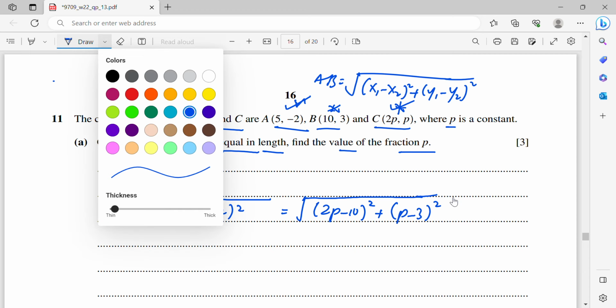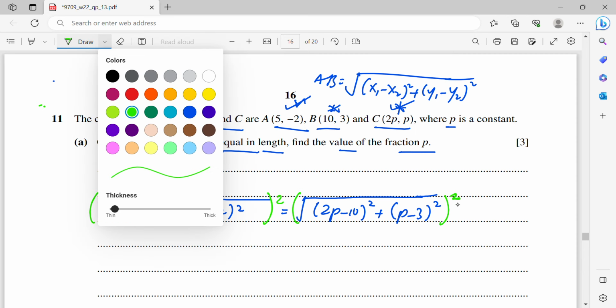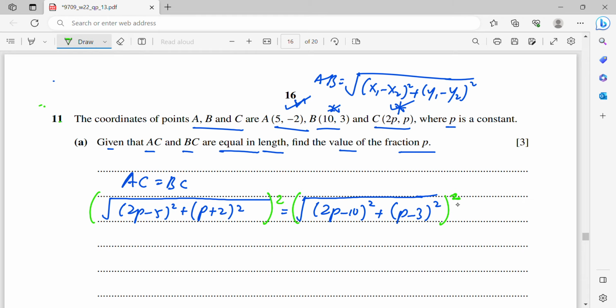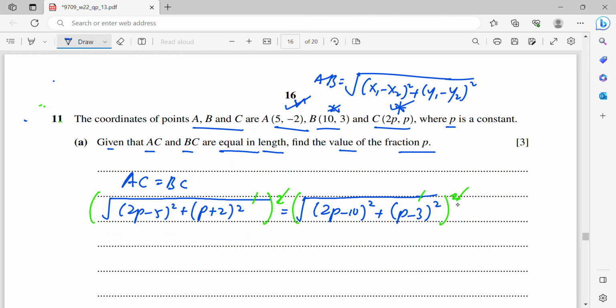Now, when you have this, the easiest way to simplify the square root is by squaring both sides. When I square both sides, the square and square root cancel off. Now what we need to do here is the quadratic expansion.